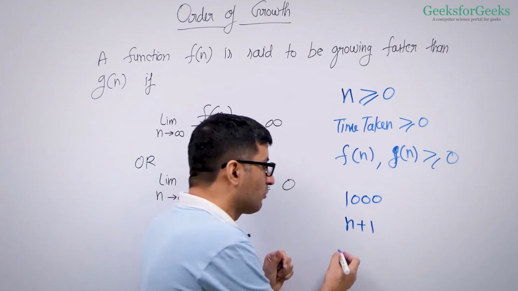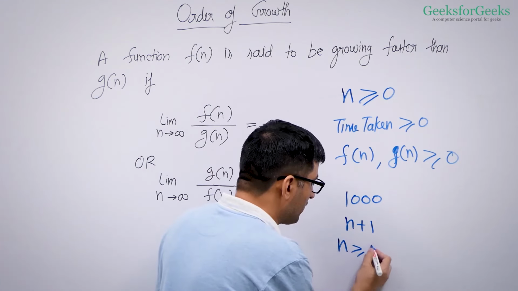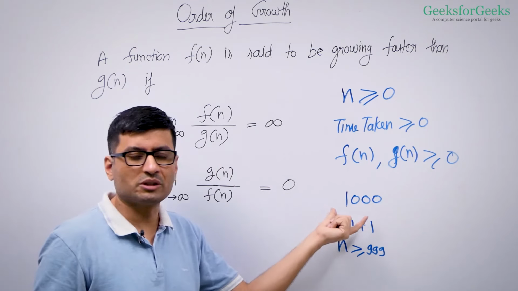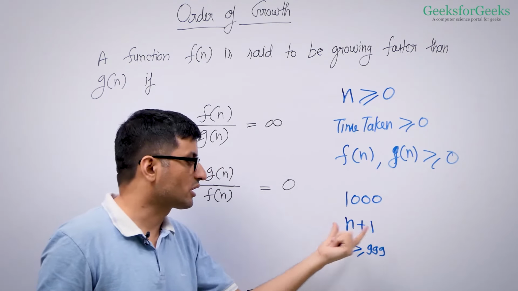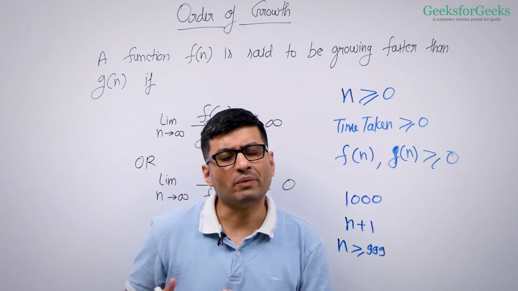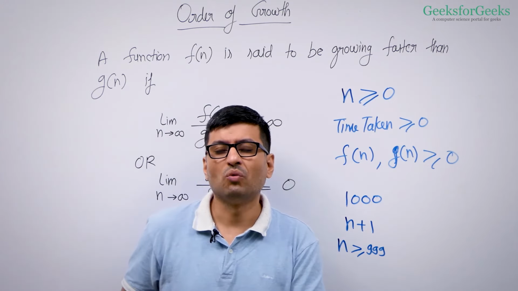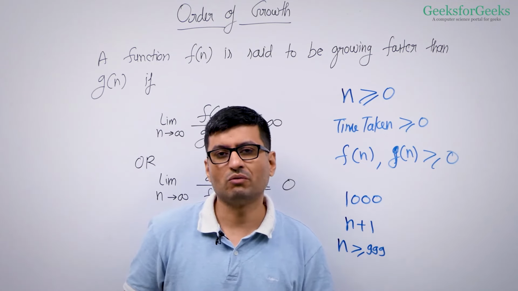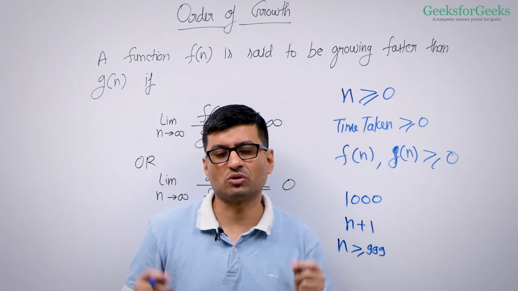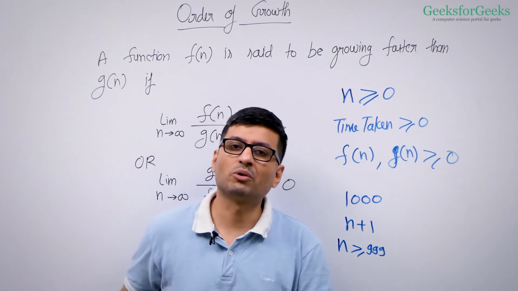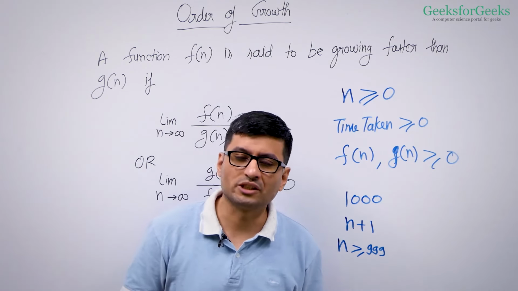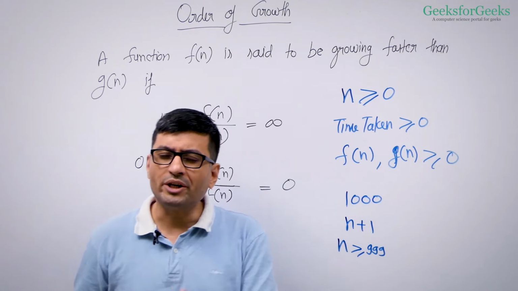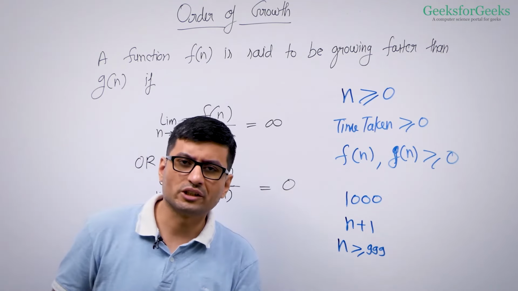And we saw that only when n becomes greater than 999 does the n plus 1 algorithm start taking less time. Now imagine an environment where your n never reaches more than 999. When you were comparing your constant program with your friend's program, suppose input size never goes beyond 999, right? So that's a limitation of this order of growth analysis.